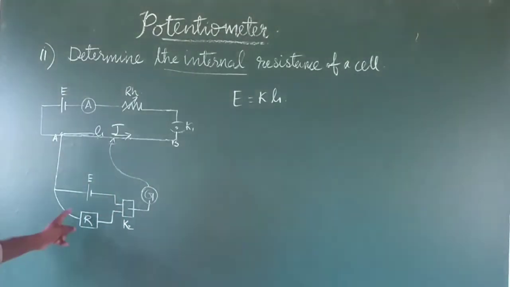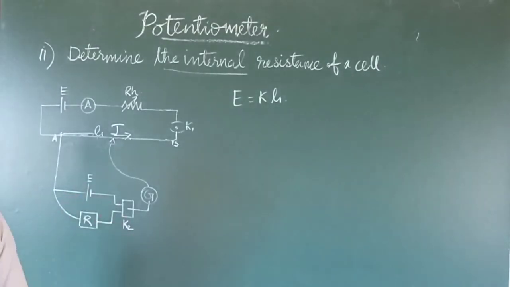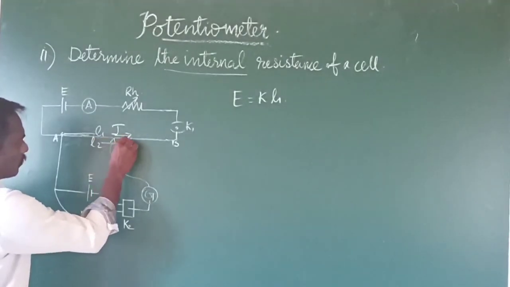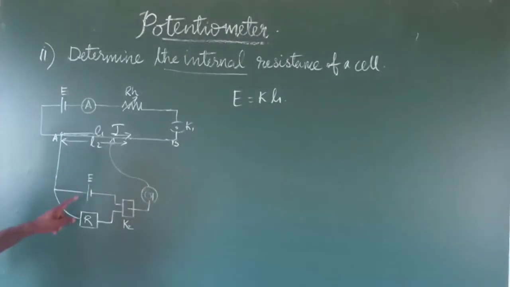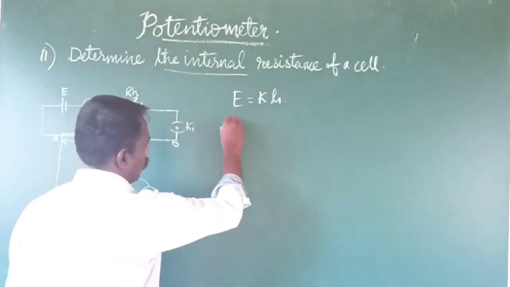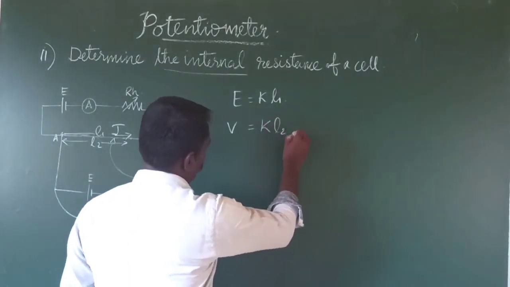If V is the terminal potential difference across this resistor, then the null point is obtained at a length L2 when the resistance box is connected to the circuit, and the terminal potential difference can be written as V is equal to K into L2.